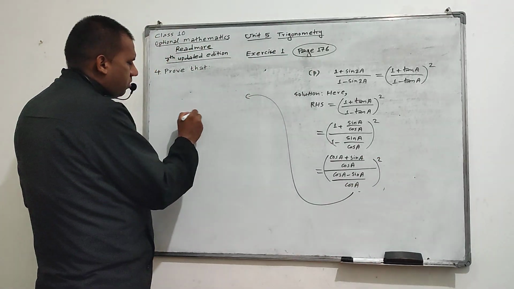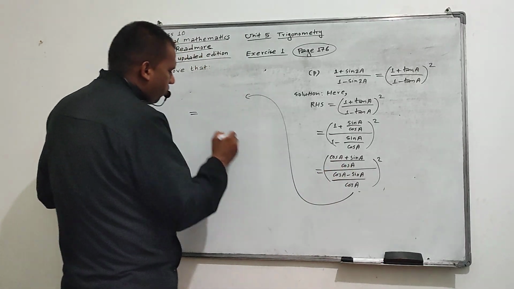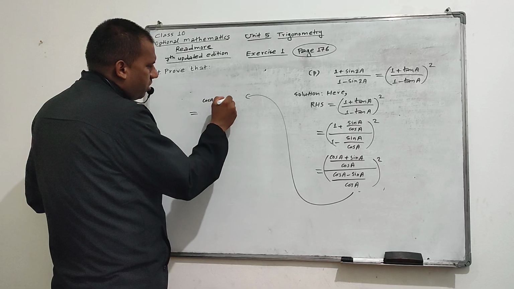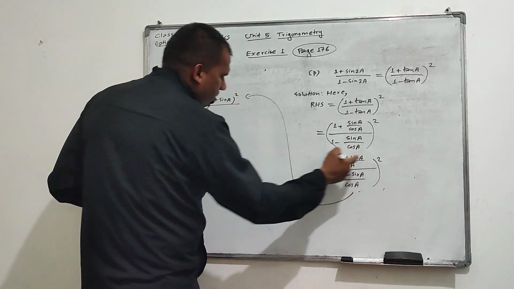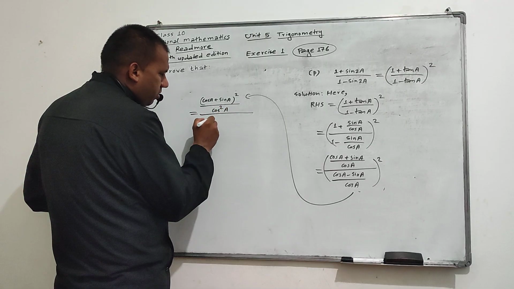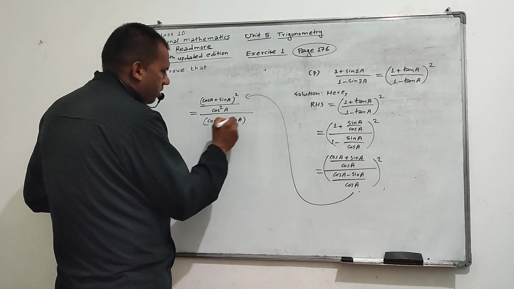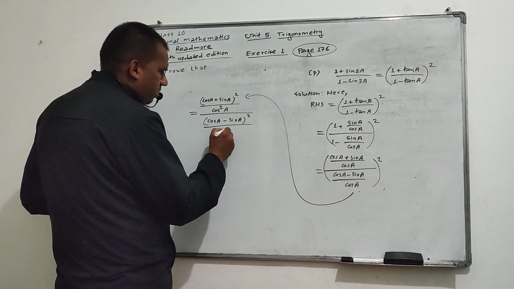Now the denominator cos a cancels out, or you can write (cos a plus sine a) whole square upon cos square a, divided by (cos a minus sine a) whole square upon cos square a.